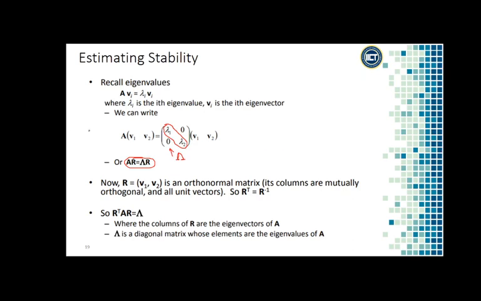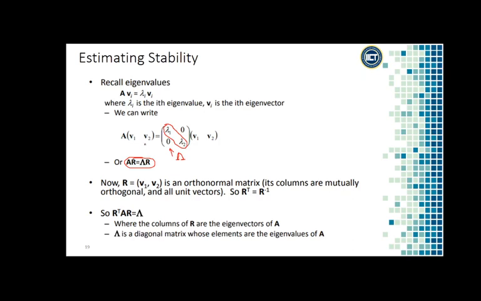Now remember that these eigenvectors are normalized into unit vectors, and eigenvectors are also orthogonal. Orthogonal means that the dot product of two vectors is equal to 0. So if we compute the dot product of two vectors, it will be 0.